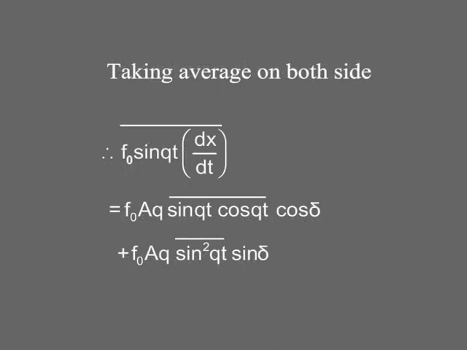Now, taking the average on both sides, we can write the average of F0 sin qt dx/dt is equal to F0 aq cos δ times the average of sin qt cos qt plus F0 aq sin δ times the average of sin² qt.